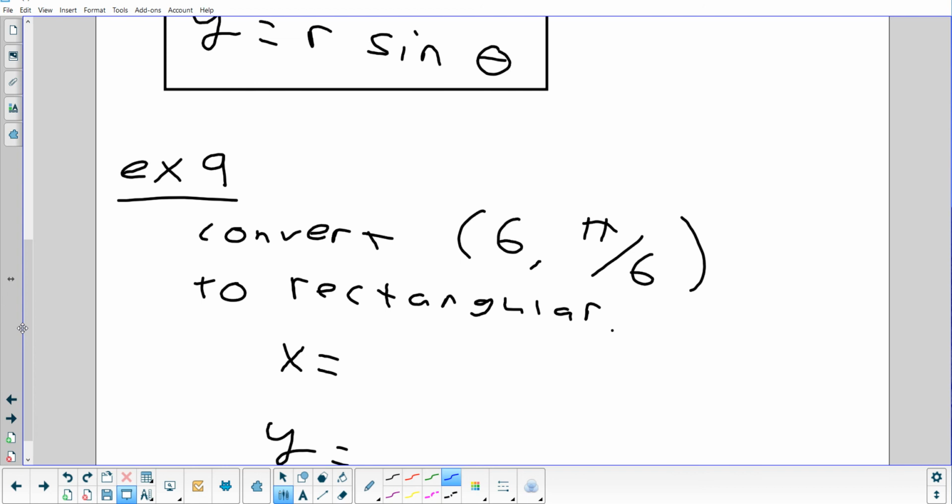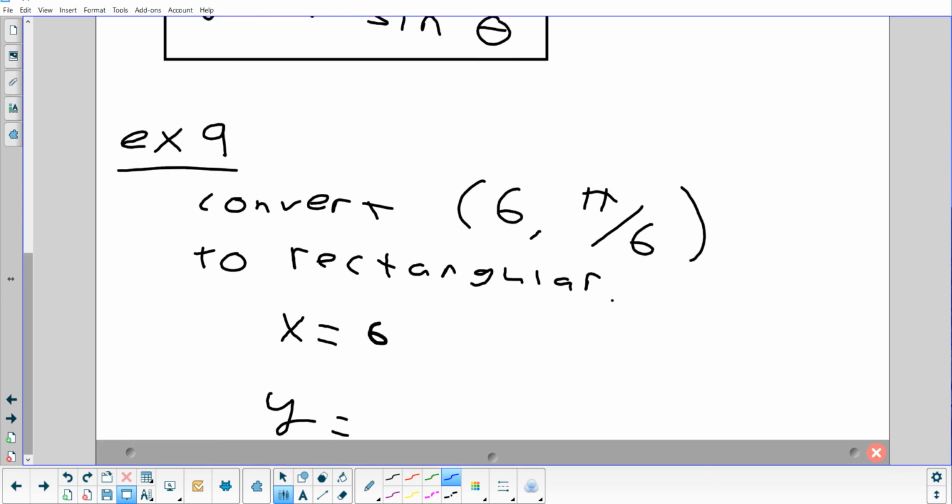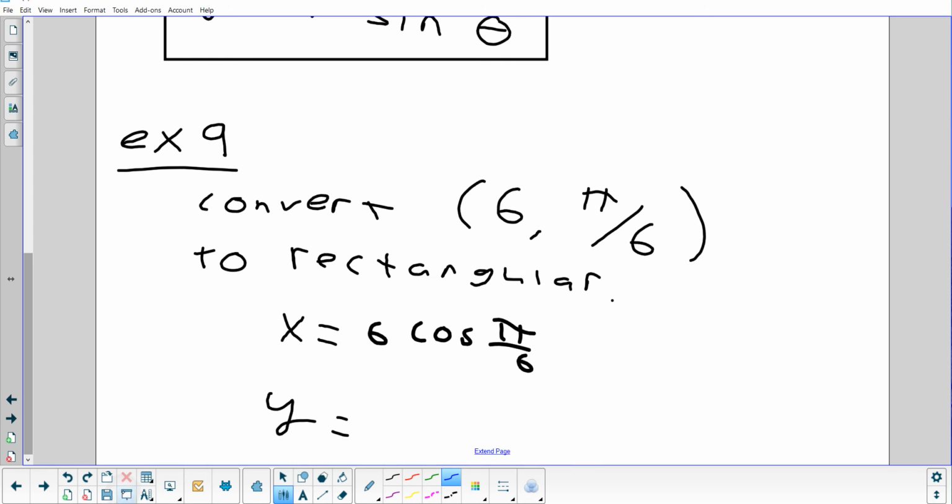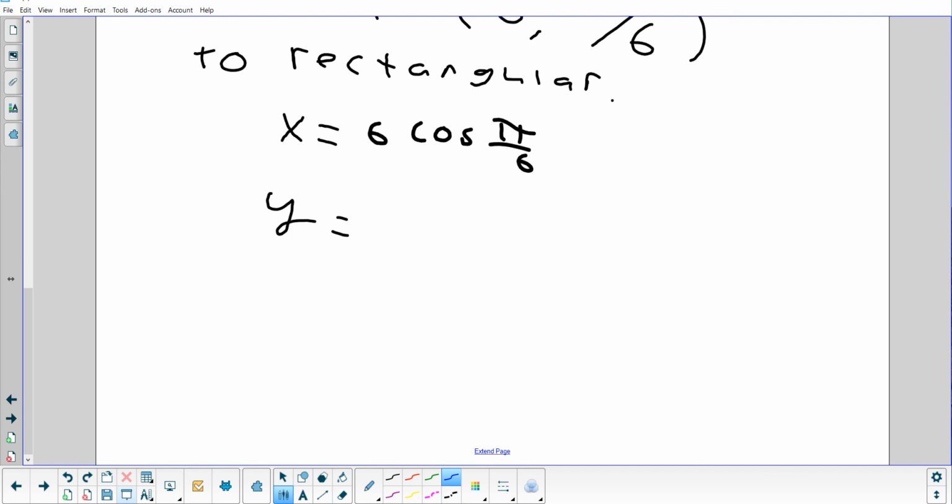It would be x equals 6 cosine pi over 6. Yep. And I know that pi over 6 is a radian because it doesn't have the degree symbol, so I'm just going to change my calculator to radians when I do this. And what about my formula for y? Yes, 6 sine pi over 6.